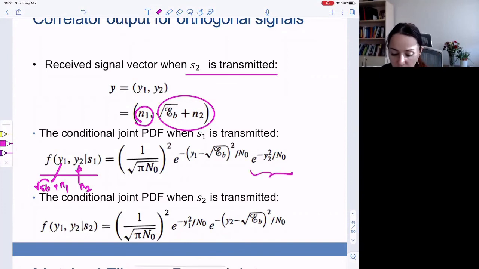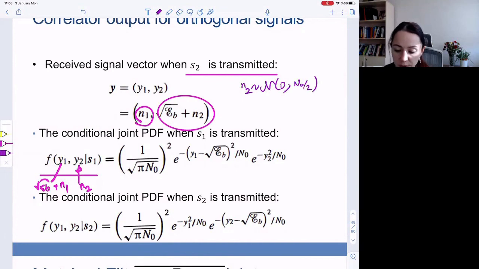So we can find the joint conditional density by multiplying the individual conditional densities. The conditional density of N2 is very simple. We should write it down. So remember, N2 is Gaussian with mean 0 and variance N0 over 2. This is all under the condition that S1 is sent.